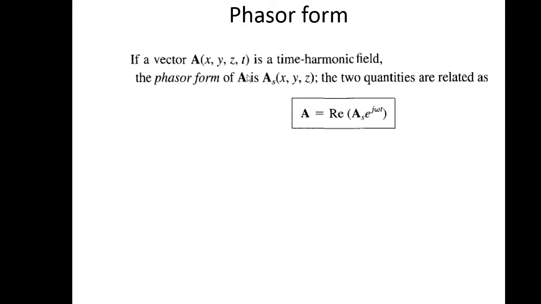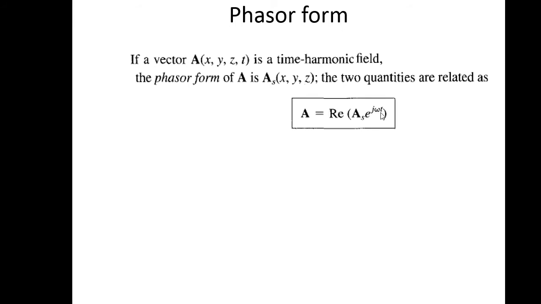So the dependency of A on x, y, z is given with this A_s, and the time dependency we give separately. As this is a time harmonic field, A can be written as A_s, which consists of the x, y, z functions, and what is remaining is the t function, which as it is time harmonic, we give as e raised to j omega t.